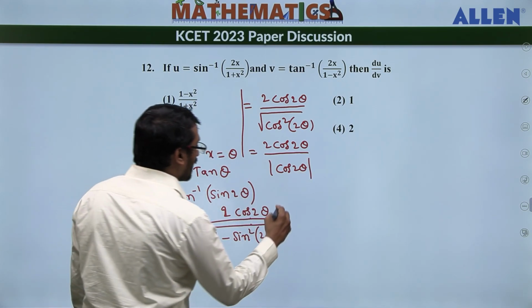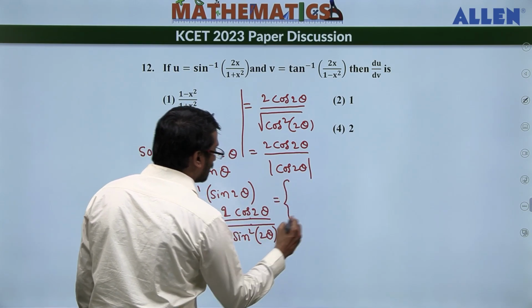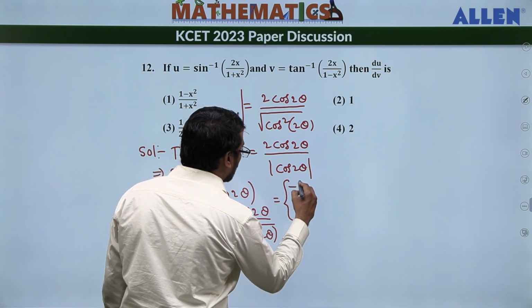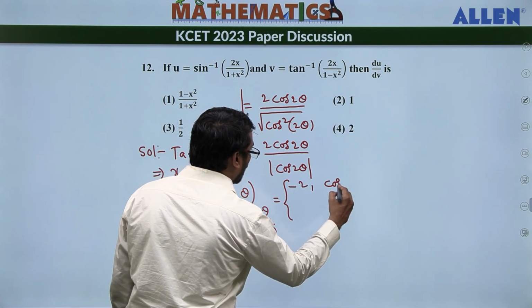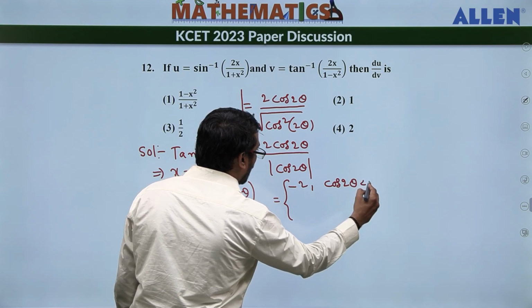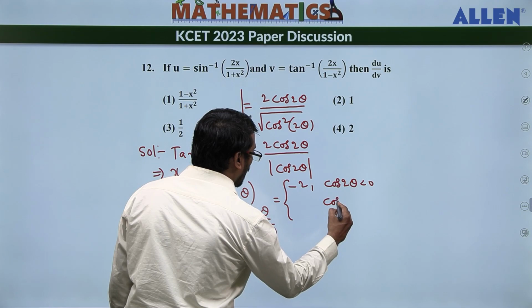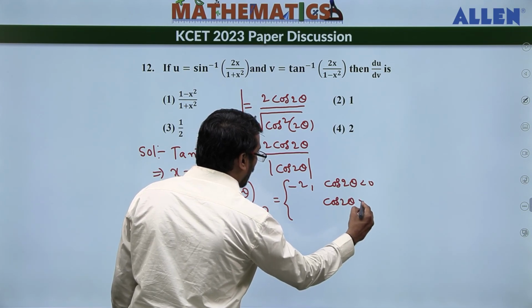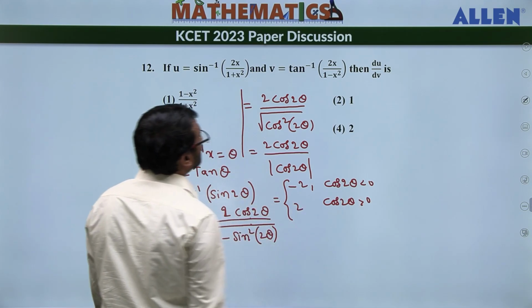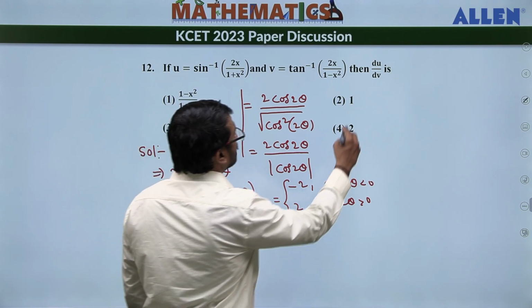If modulus of cos 2 theta is negative, that is minus 2. If modulus of cos 2 theta is positive, that is 2. What is V?